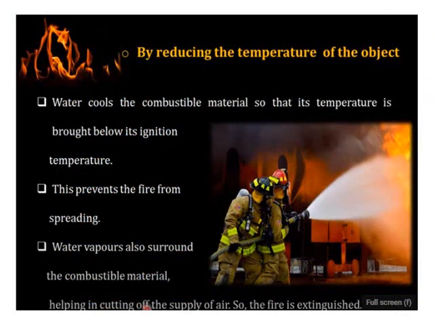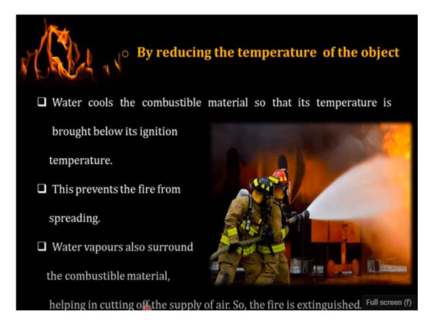Now, the same concept is being explained in this. The method by which we extinguish fire by using water is an application of reducing the temperature of the object. When the water is sprayed on the combustible substance, we reduce the temperature of the object.